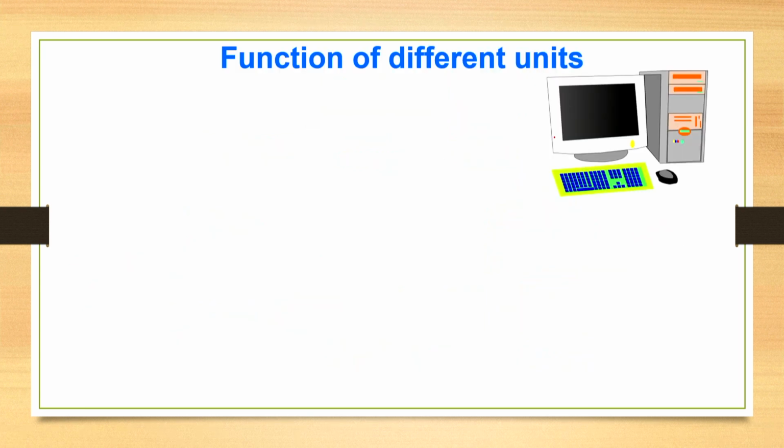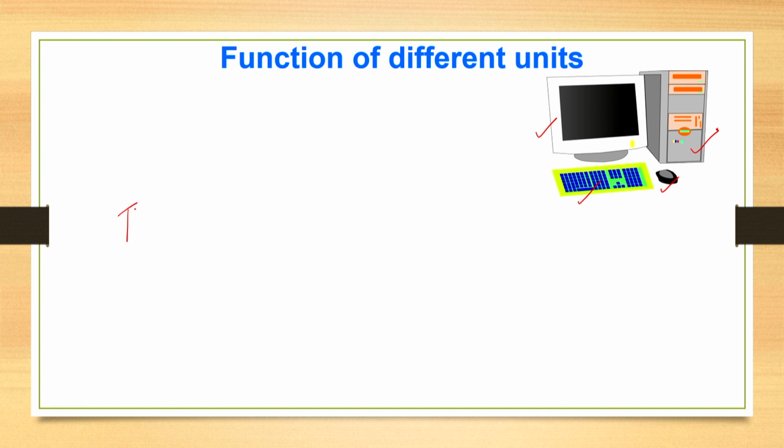Now, these are the various units. Input, that is the keyboard and mouse here; the monitor is the output; and this box that you see is for processing, which we call the central processing unit.